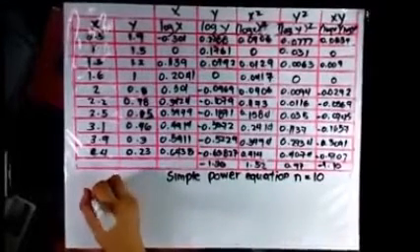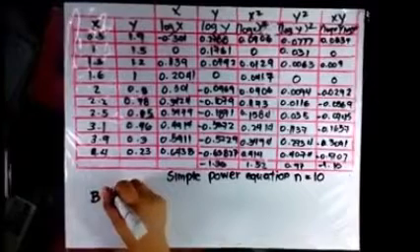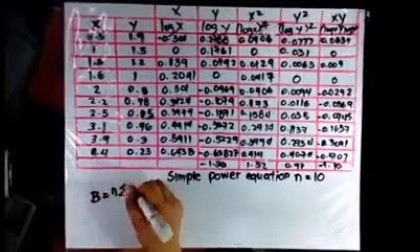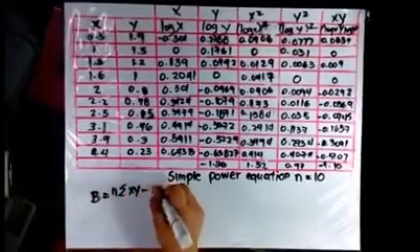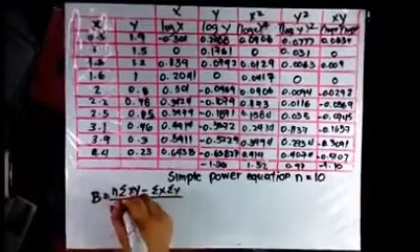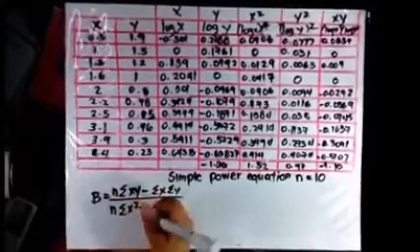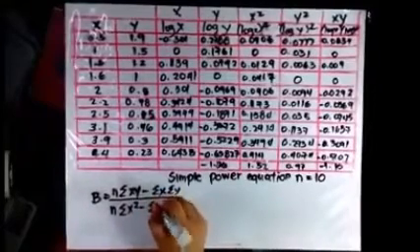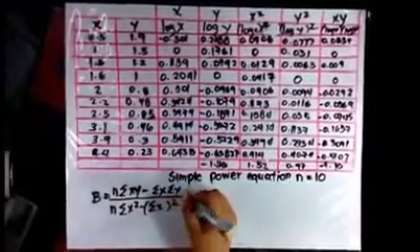We know that the formula to get the value of b is equal to n times the summation of xy minus summation of x times summation of y, all over n times the summation of x squared minus the summation of x, then squared.